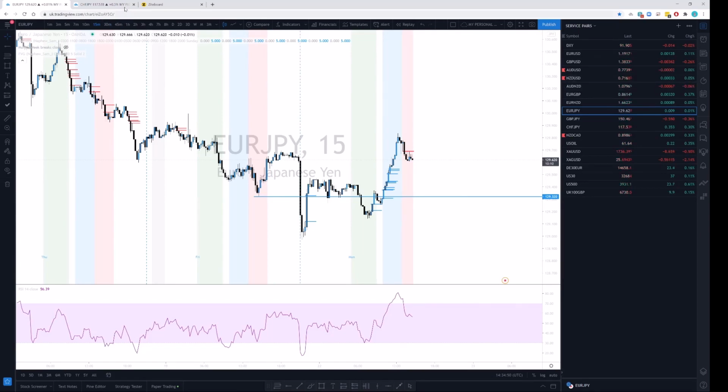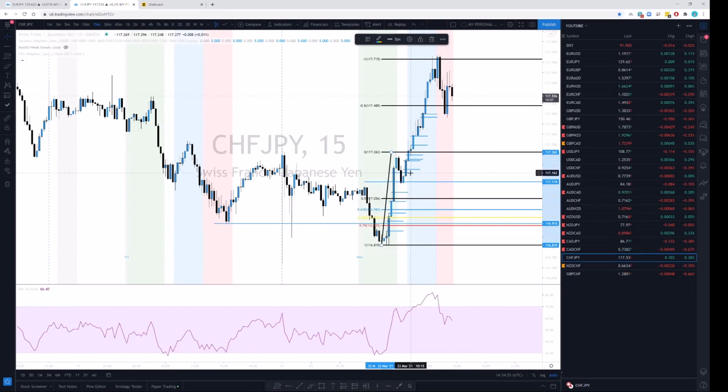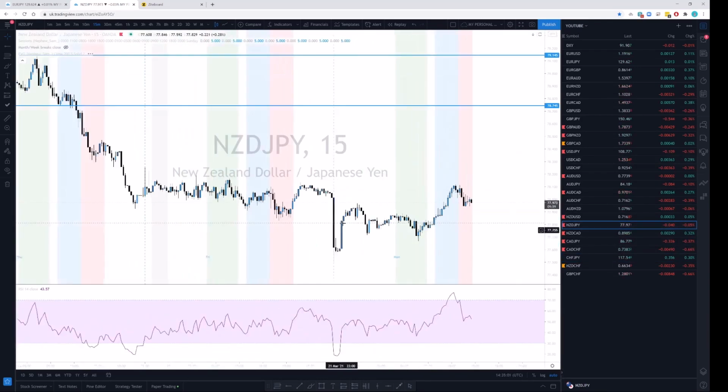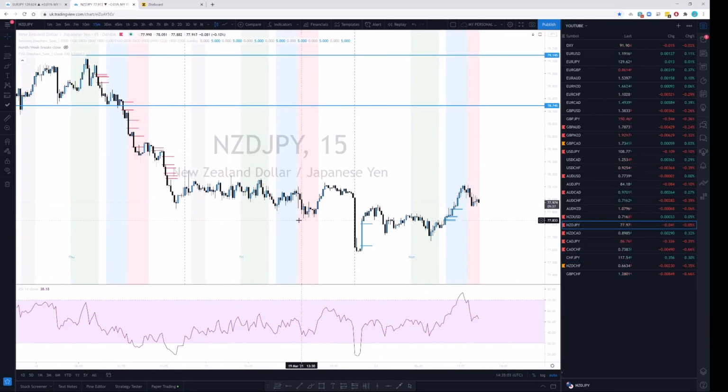Let's go on to all the other pairs. I think New Zealand Yen also did the same thing. Yeah, New Zealand Yen also did the same thing. Run the low, reject, pull back, and then rally. Okay, so that's the framework.